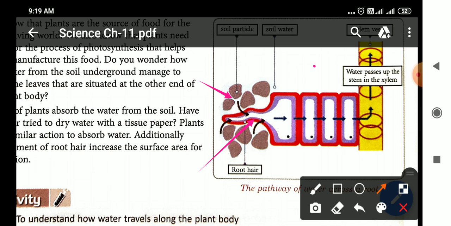And these are water droplets around the root hair. This root hair absorbs the water, and you can see the arrow here which is indicating how the water goes up in the stem.